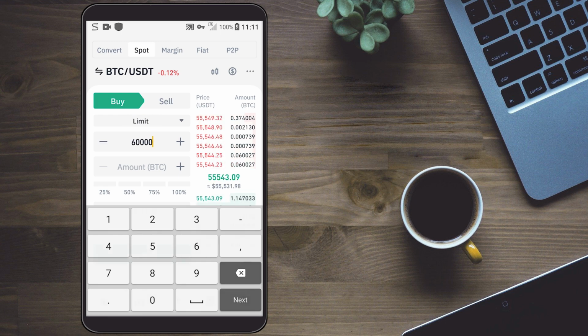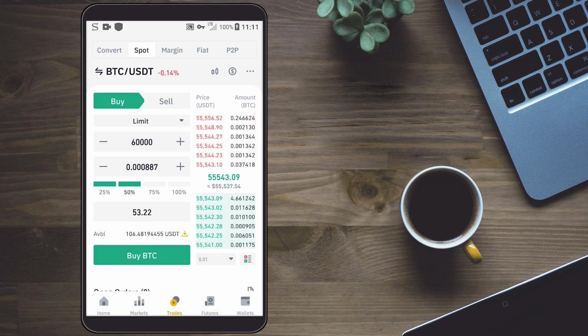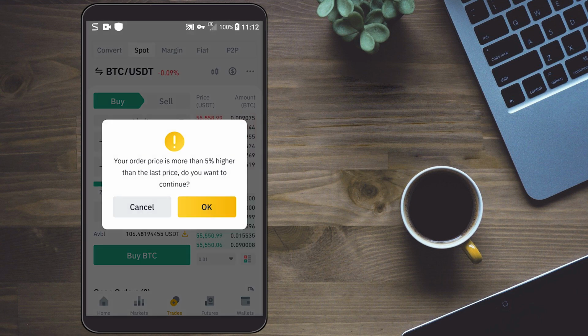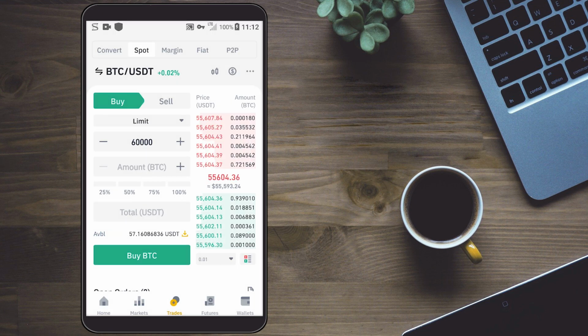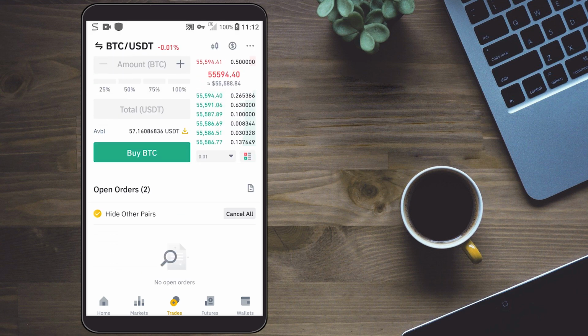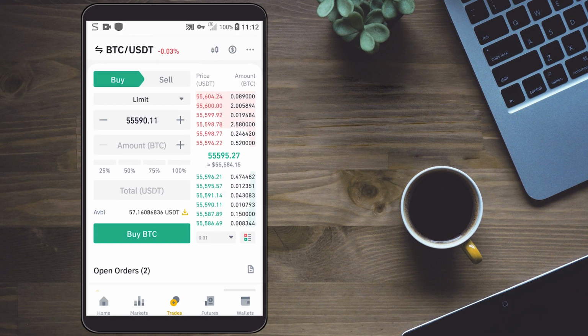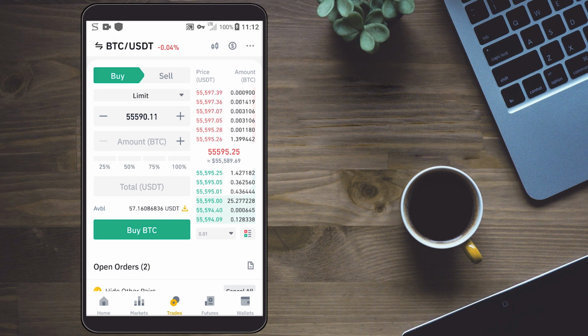The amount, let's set it to 50% of my available USDT. I touch buy BTC, and it gives me a warning that my order price is 5% higher than the last price. If I continue and confirm it, the order is executed instantly, and you see that we don't have any open order here, and I have the Bitcoin bought at the current price of the market.